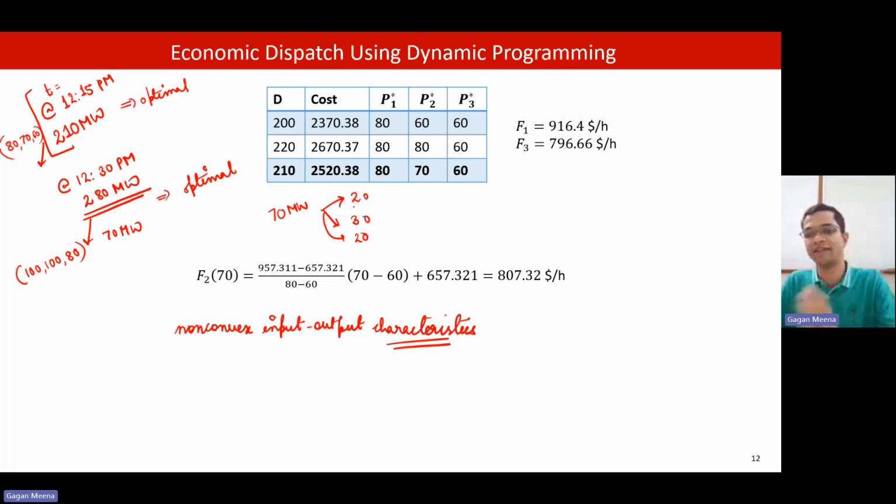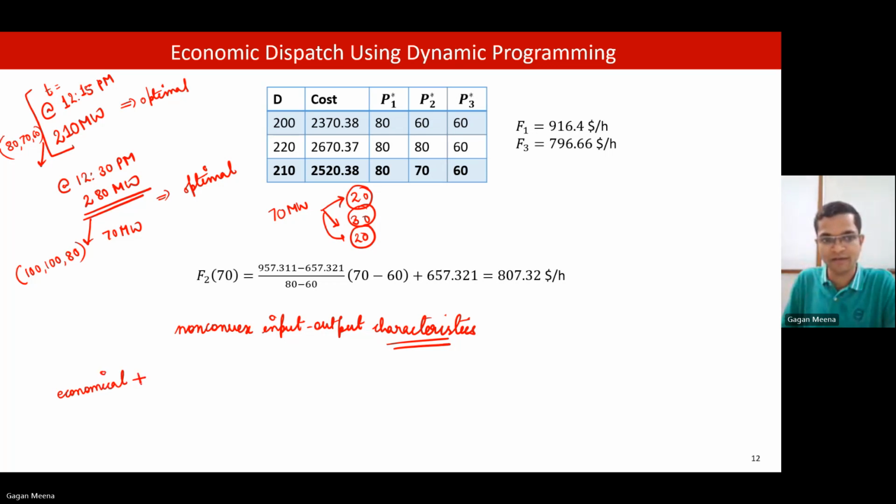AGC will signal these generators to increase their generation by these three values respectively. Although these solutions are economical, the control requires this much change.